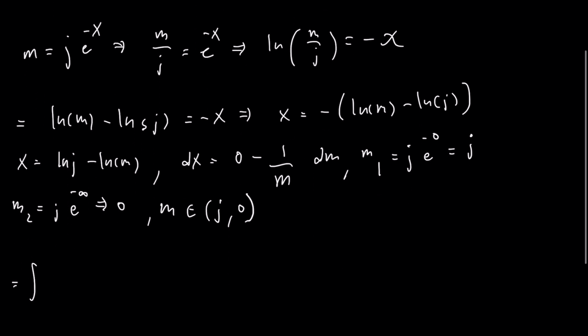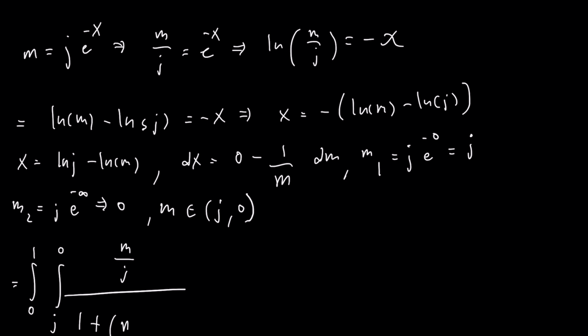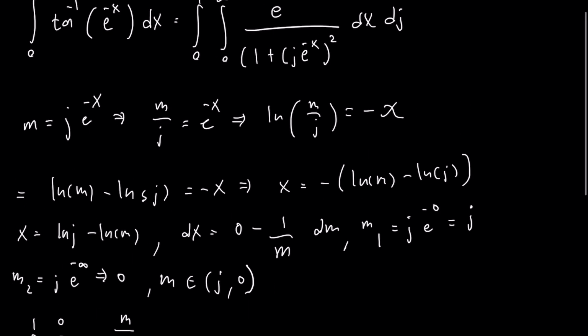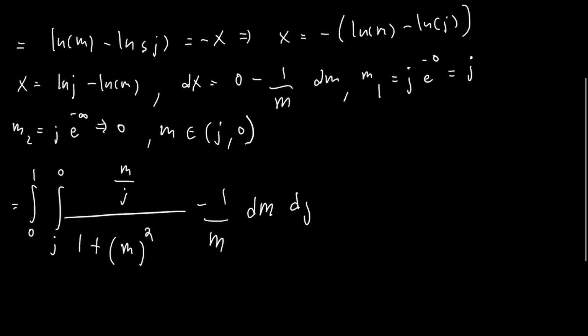So we have the integral from 0 to 1 and the integral from j to 0 of e to the minus x, which is m over j, over 1 plus m squared times dx, so minus 1 over m dm, and then dj.